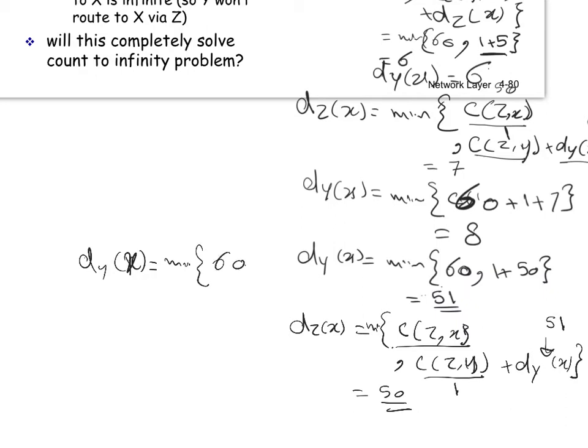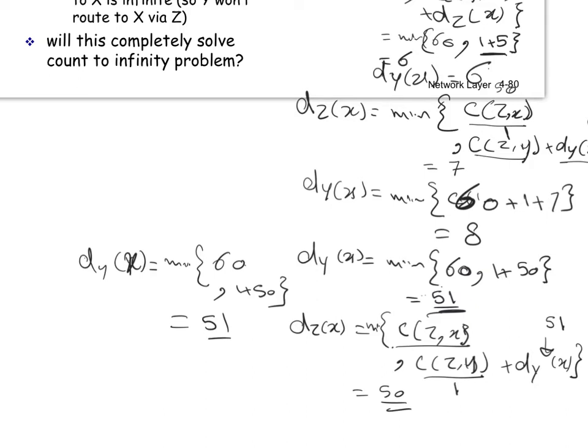It's the minimum of, again, 60 and 1 plus 50. So it will be 51, which is still the same, right? Okay, everything will be stable.